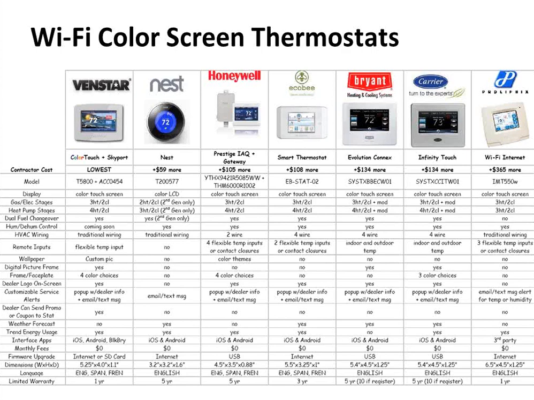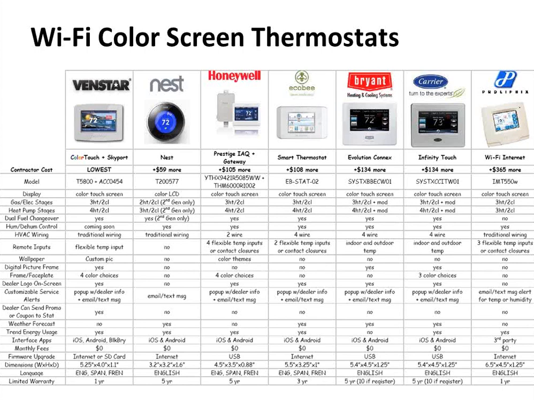From the wiring standpoint, the Ventstar, the Nest, and the Prolifics all have normal, traditional HVAC wiring, which means from the thermostat to the piece of equipment I've got the usual G, Y, W, R, common, and perhaps more, depending on whether I have second stage heat, second stage cooling, humidifier, etc. Those are all traditional. The Honeywell one is 2 wires, just needs power.